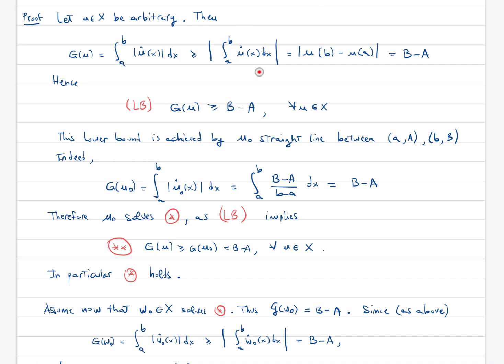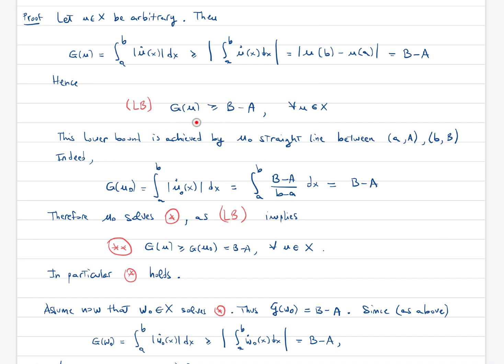And so by this inequality, now we have just the integral of u dot, which is just u computed at the two extreme points b and a, and by definition this is capital B minus capital A. So we proved this lower bound for the energy: G of u is always greater or equal than B minus A, and this for all functions.